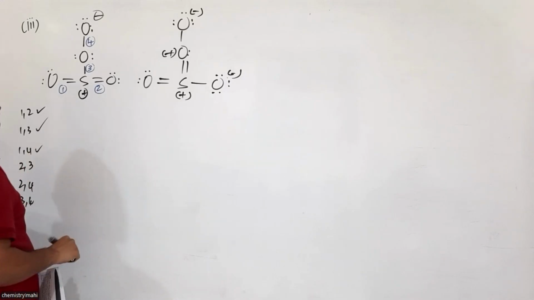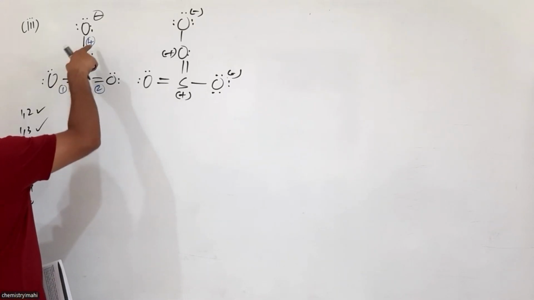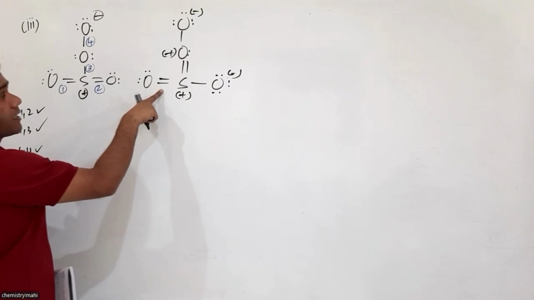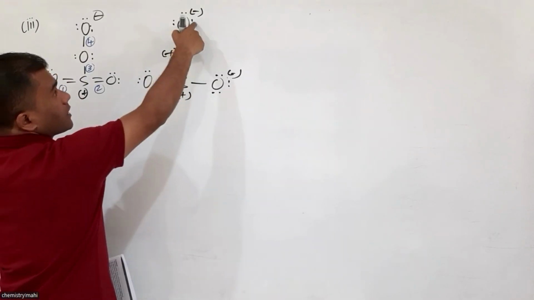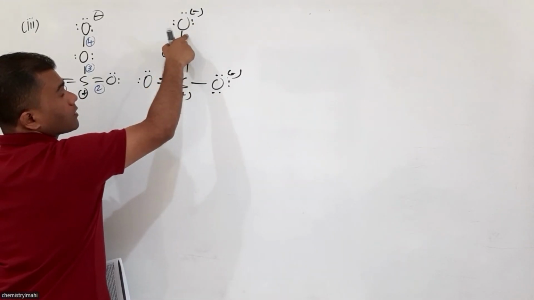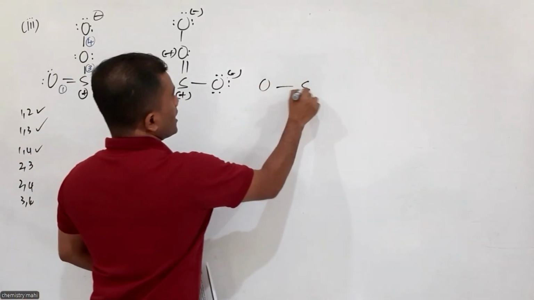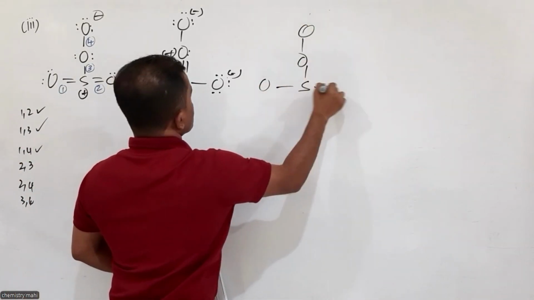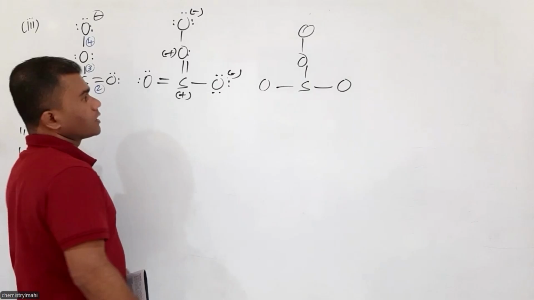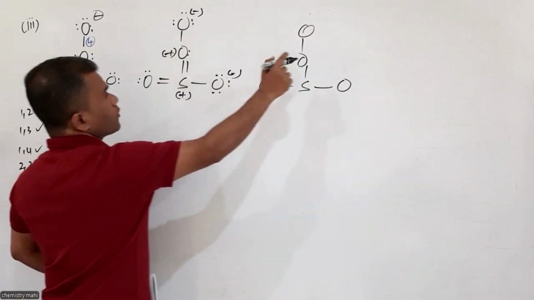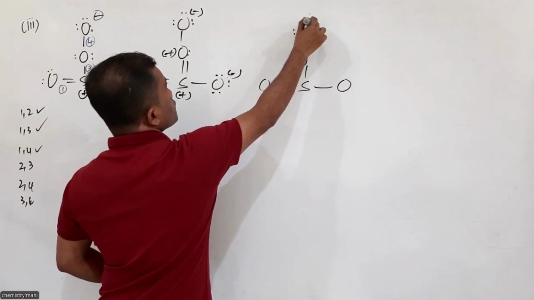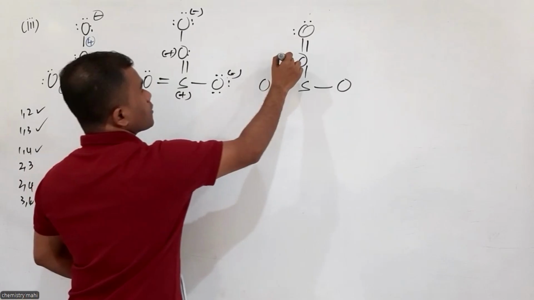Thereafter, I try 1, 4. This one. 1 keep in here, the fourth one. Then I make a bond by donating the lone pair and break this. So in that case, you have O, S, O, O, O. Once you donate the double and you have 2, then it becomes neutral. Middle oxygen, no change.